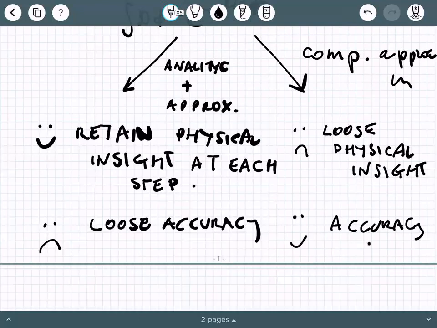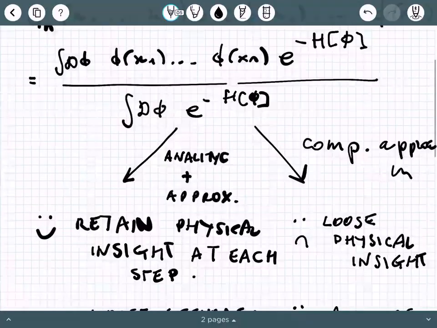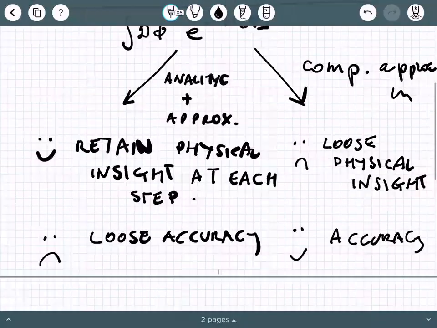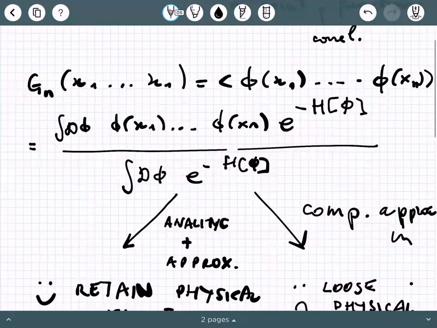So in the following days we're going to discuss both analytic and computational approaches to field theory, so that you will be equipped with a background that will enable you to understand the basic literature in both directions.